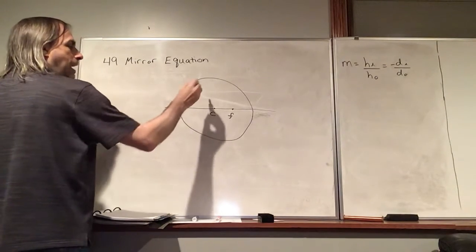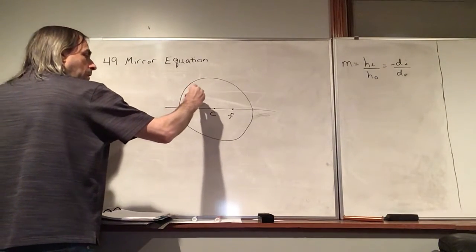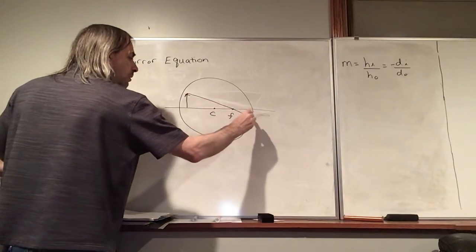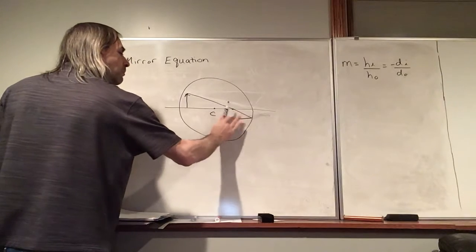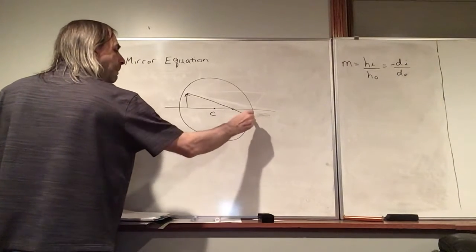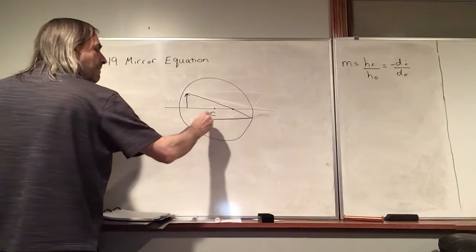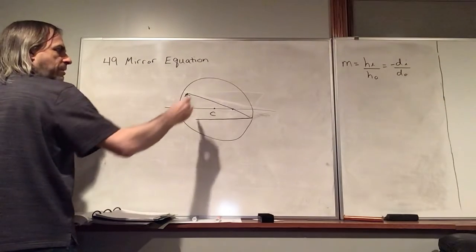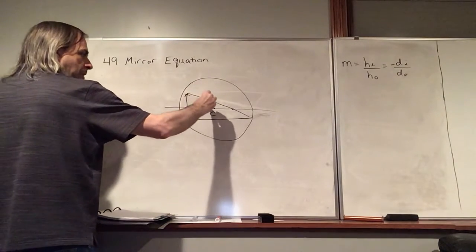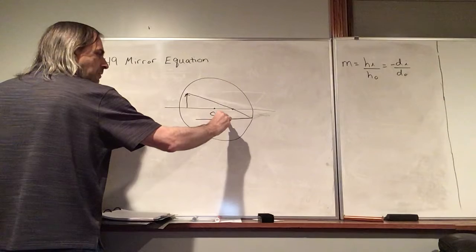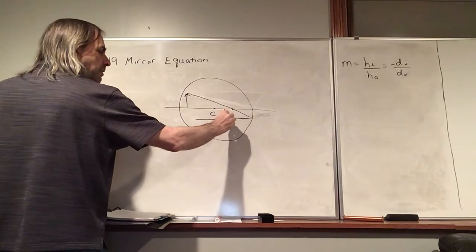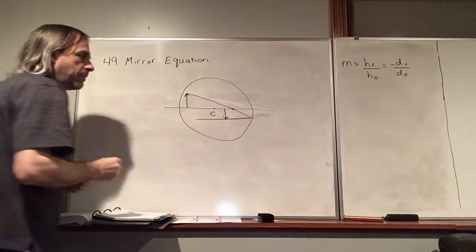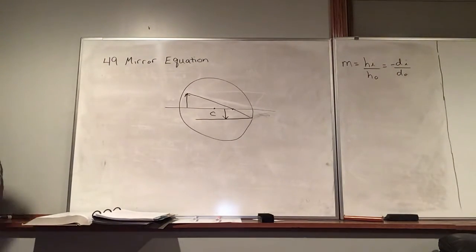So say here's our object. Put that F on top. Now I don't want to clutter it up, so let's look at the second line. If we just went through the center, let's say the image is here. So we've got that.